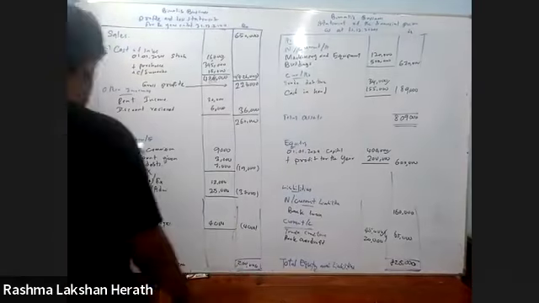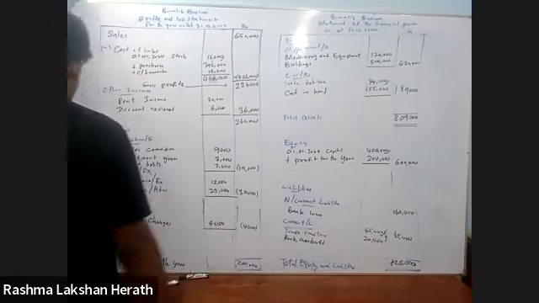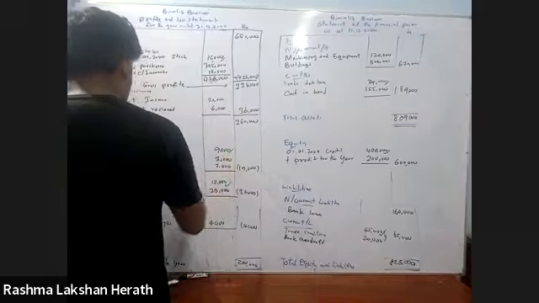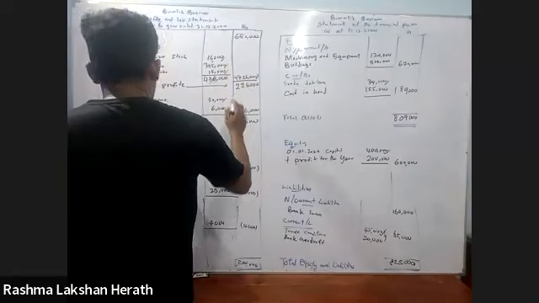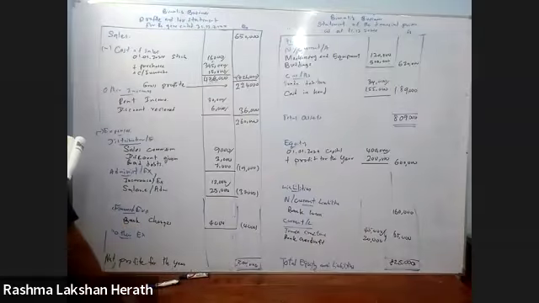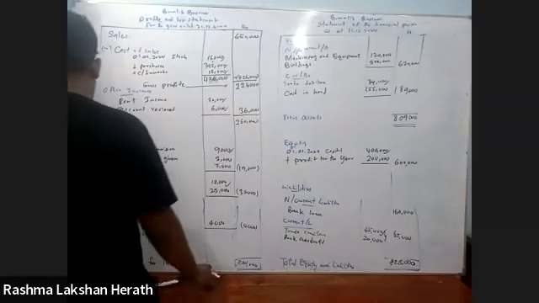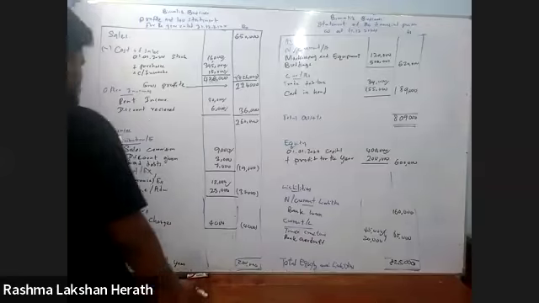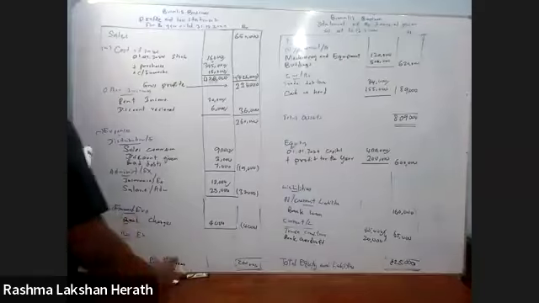And the insurance expense 12,000. Right. And rent income 30,000. Discount received 6,000. And the sales 650,000.